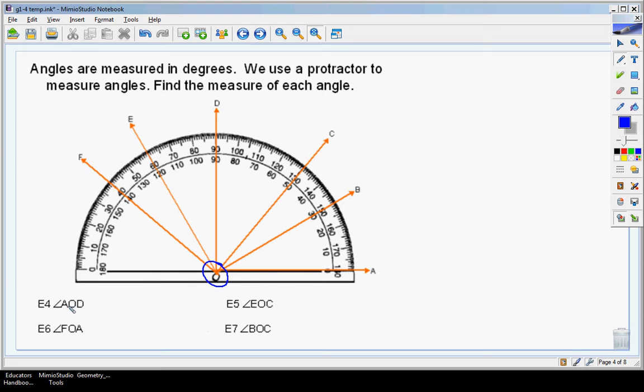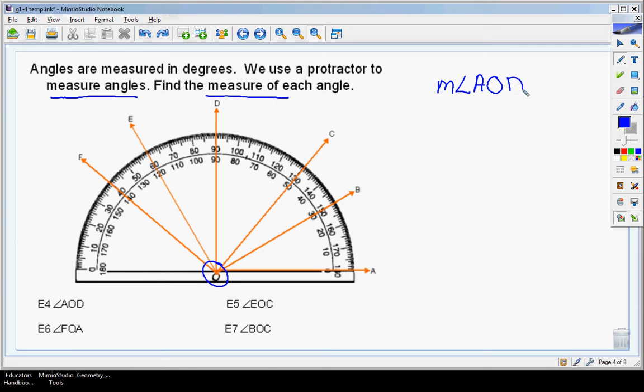Now, the first one that they talk about, they told me to find the measure of it, but there is a way that they could write it without writing out that word. Just like when we did segments, if you don't put a line over the top of it, it's talking about the measurement of it.